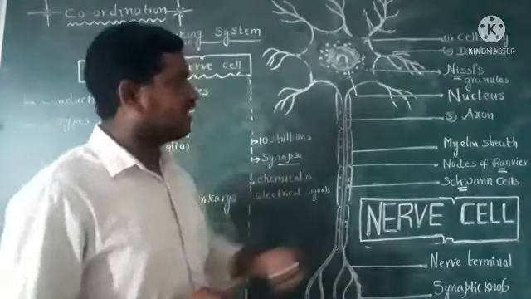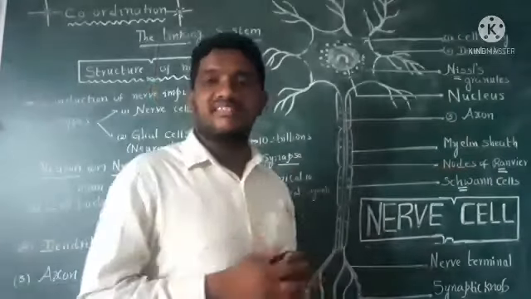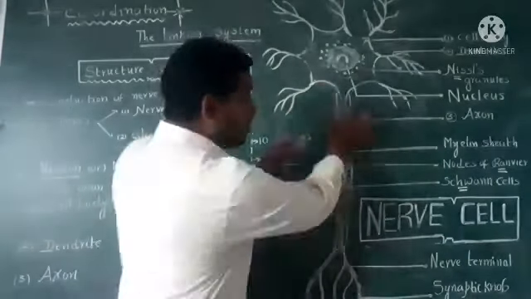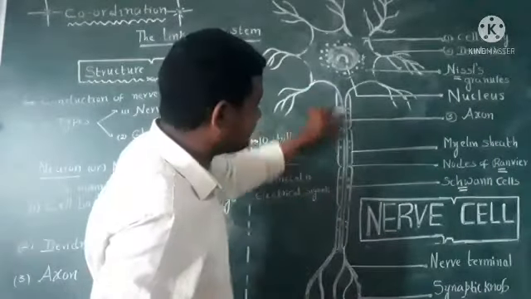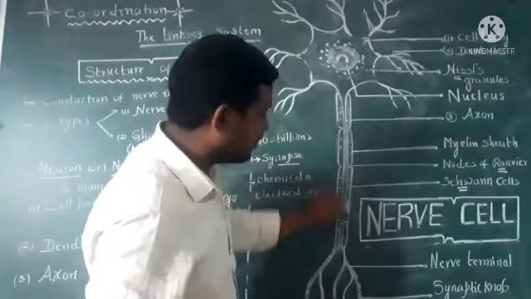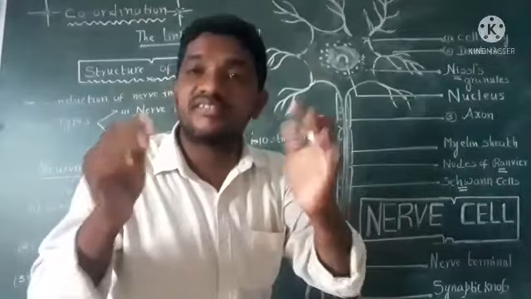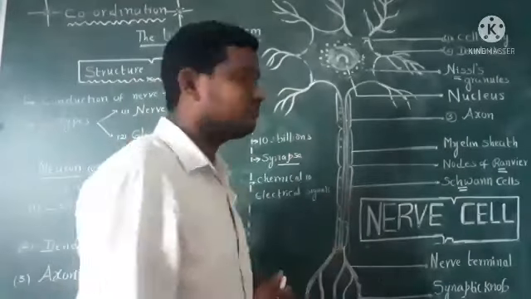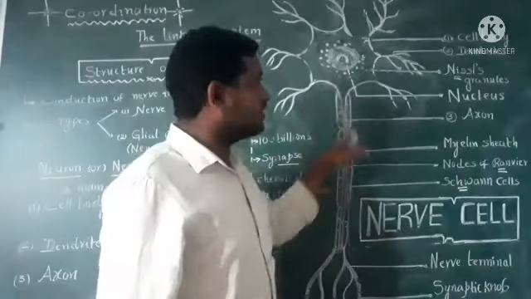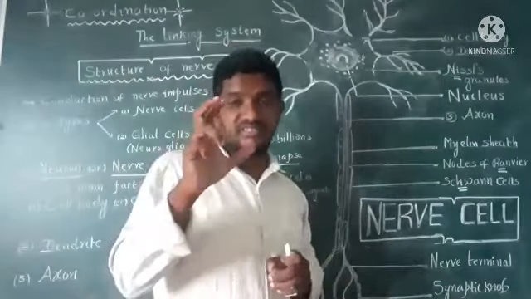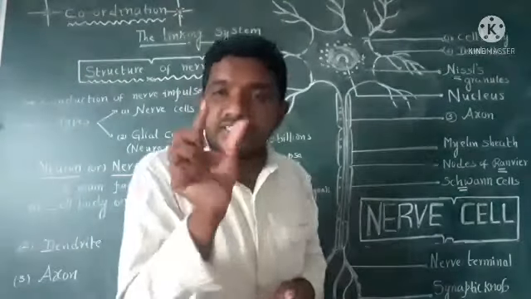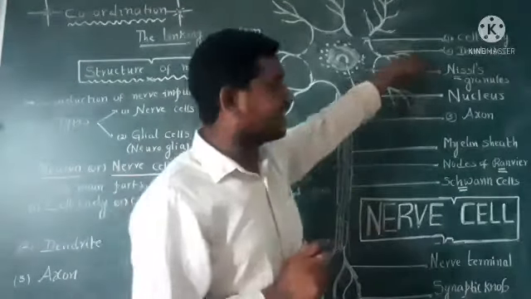Next one, axon. What is axon? A long cylindrical, fiber-like structure is called axon. Here there are two types of projections. One is a small projection, called dendrites.